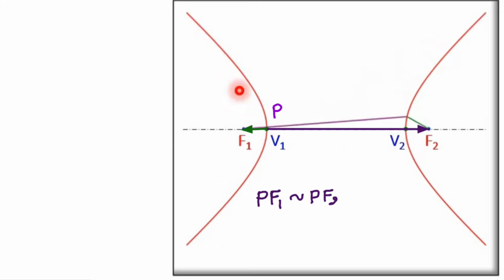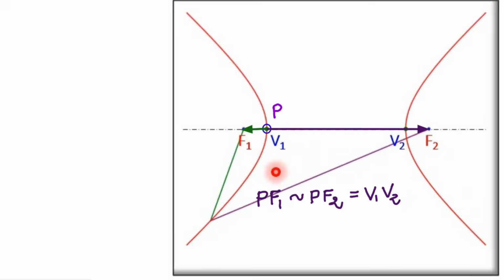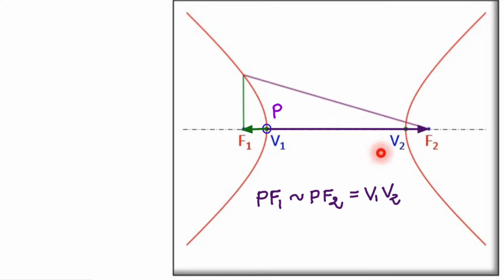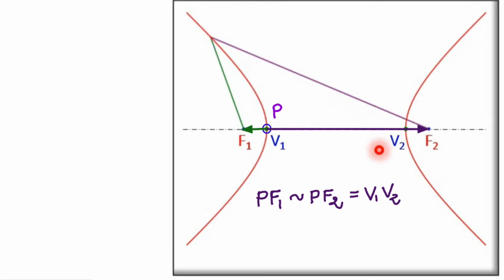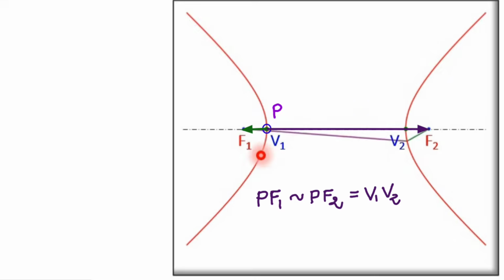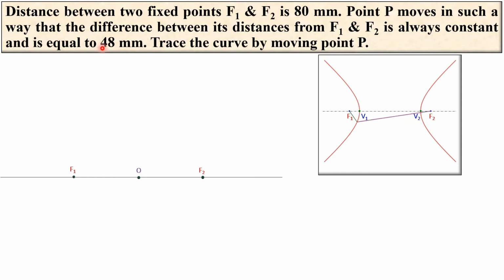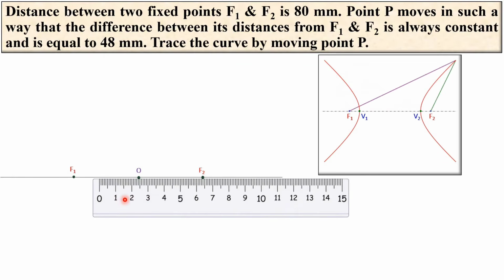From this figure you can understand the difference between PF1 and PF2 is equal to V1V2. So it is indirectly given to you that the distance between V1 and V2 is 48 mm. So you can mark it 24 mm on both sides of this point O.